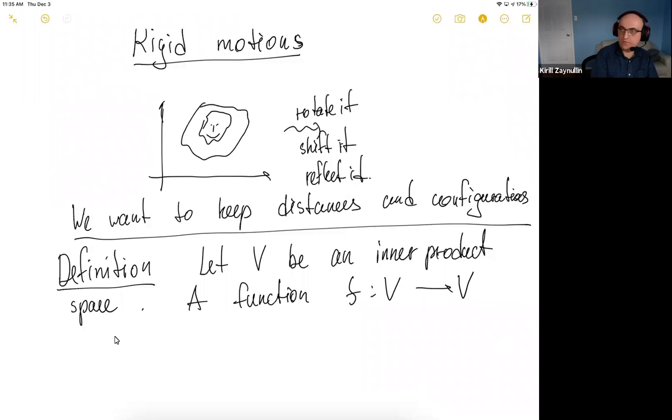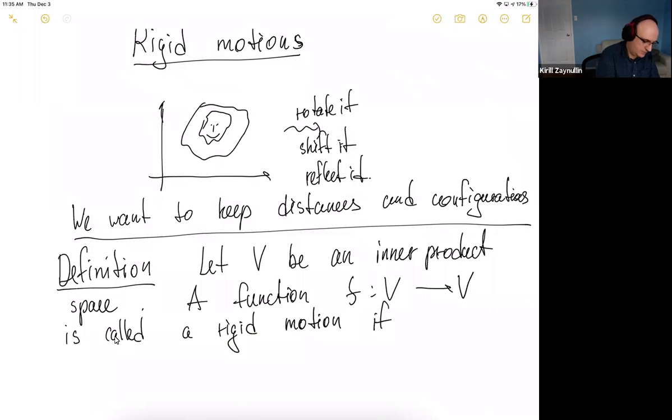So this function f plays a role of motion or movement. A function f is called a rigid motion or rigid movement if, well, it preserves the distances between objects, between points.